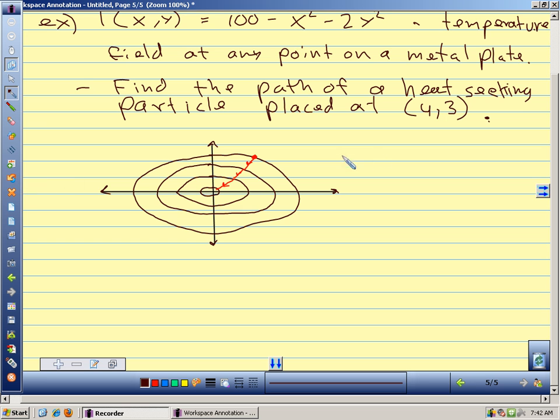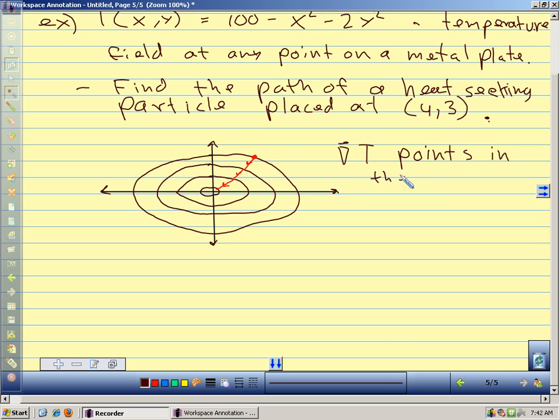One of them, anyway. Del T. So our gradient points in the direction of the maximum temperature change.